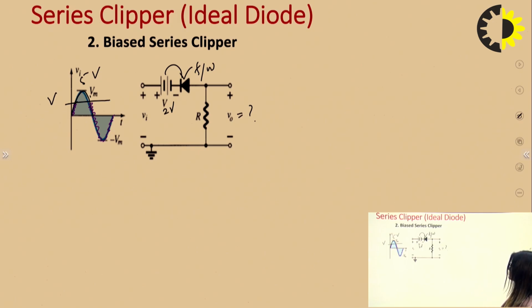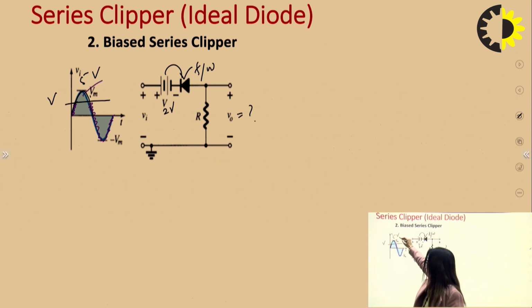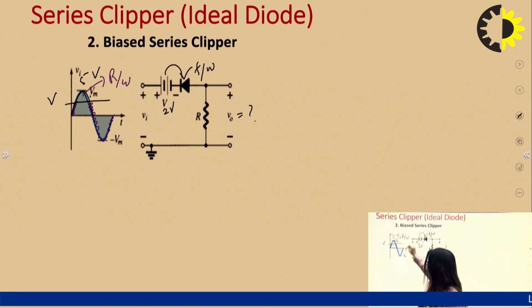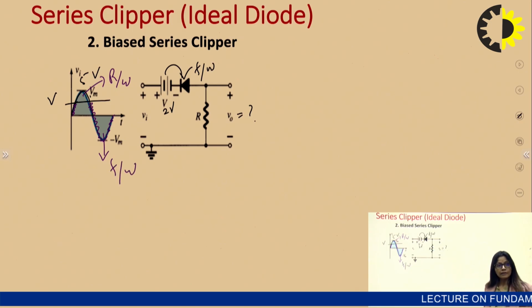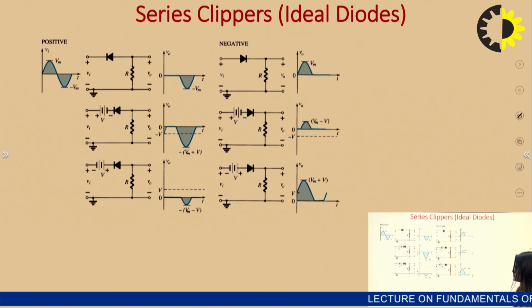Okay, this part the diode will be reversed, and for this the diode will be forward. You will make two cases and then you will remake the circuit and solve the question.